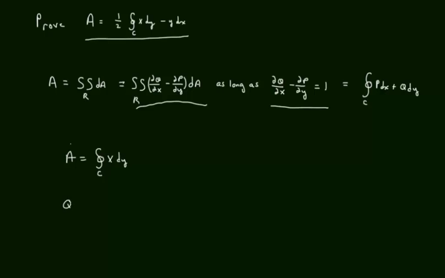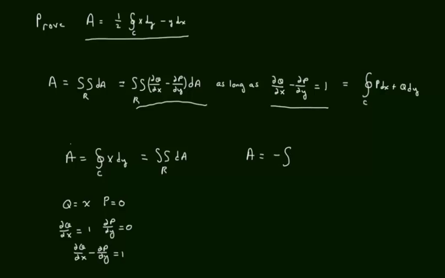Well, Q in this case would equal x, P in this case would equal 0, partial Q partial x equals 1, partial P partial y equals 0. So the difference equals 1. So that says with Green's theorem, it's equal to area. Good.